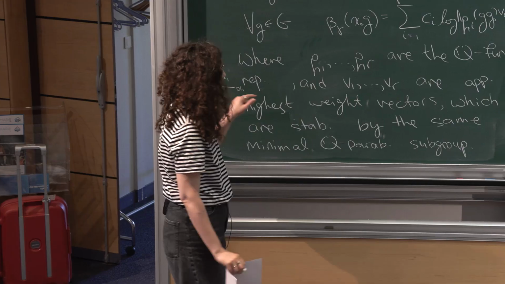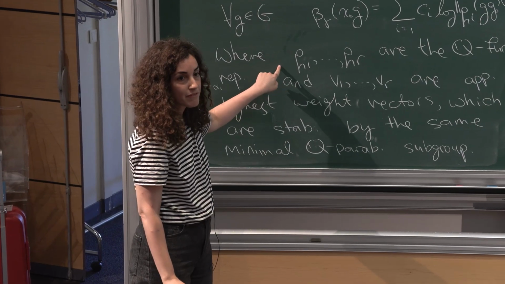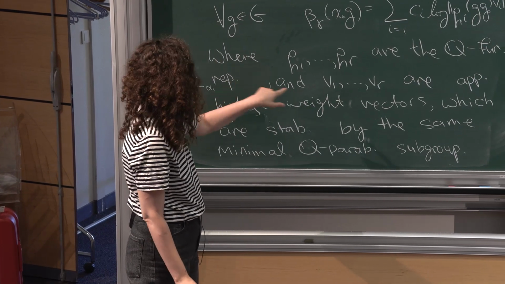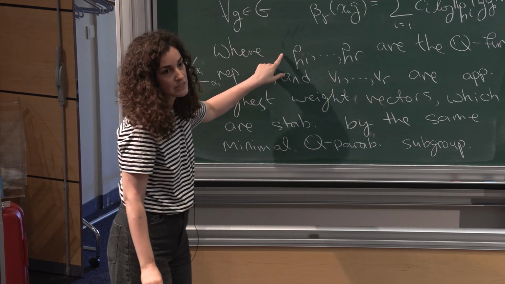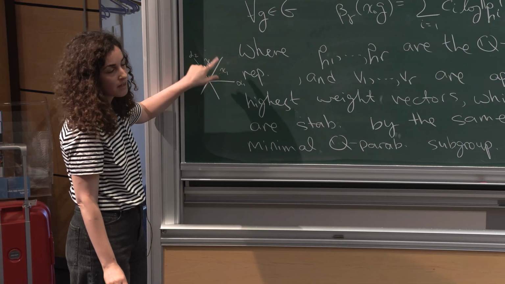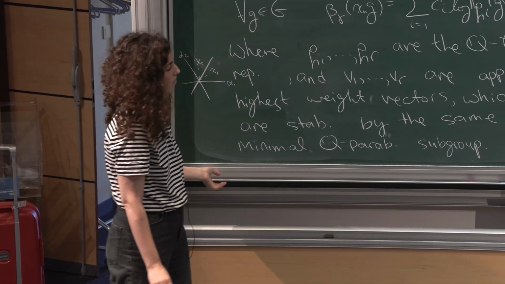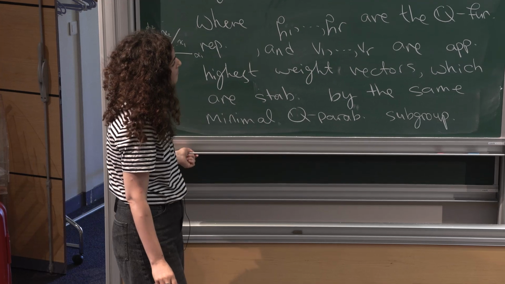And for each of these there exists what is known as a fundamental representation, because the highest weights of these representations are precisely these xi's, the fundamental weights of the rational Q system.